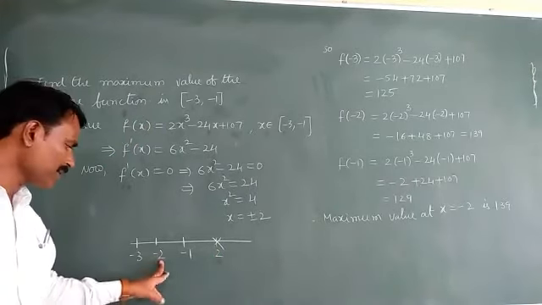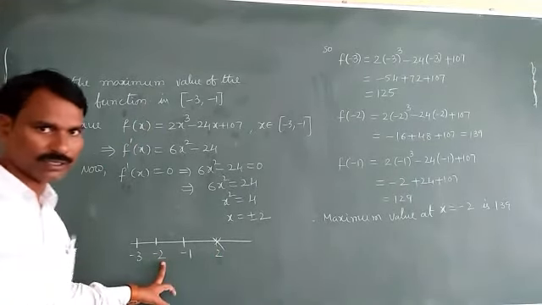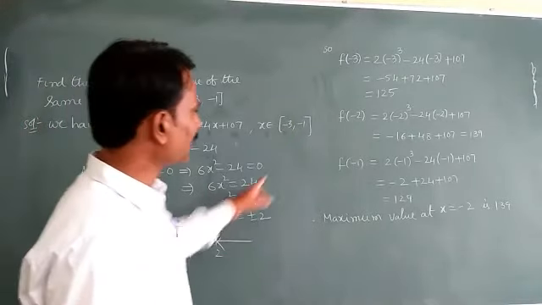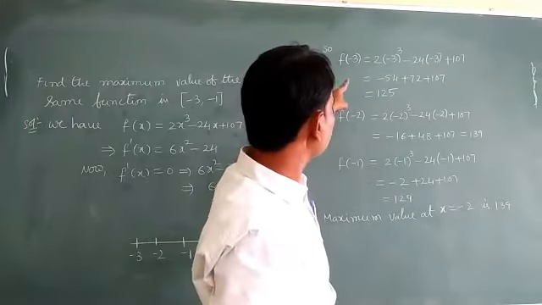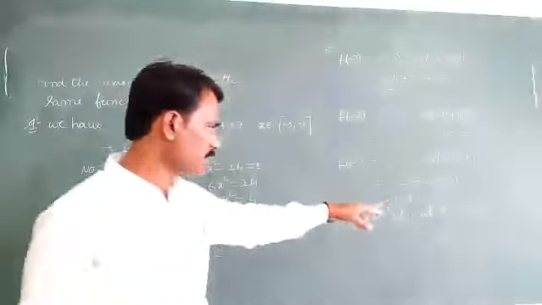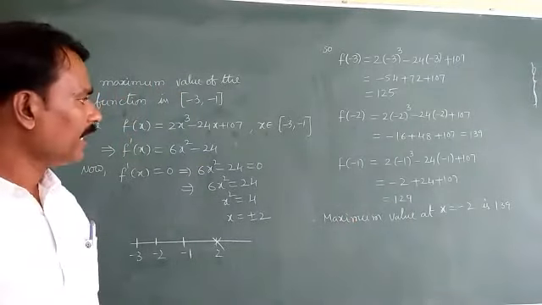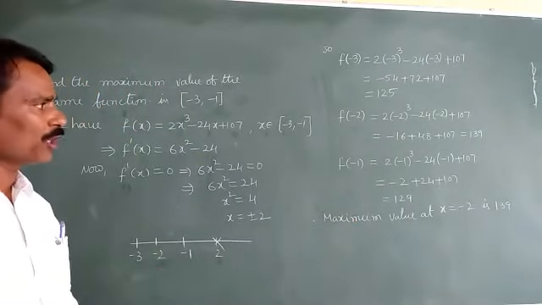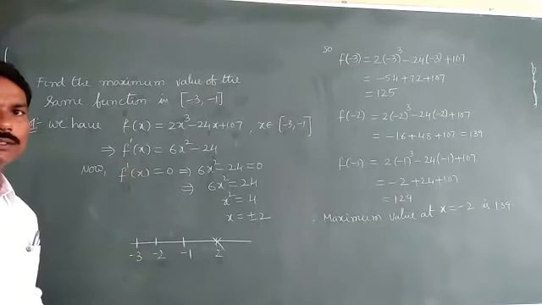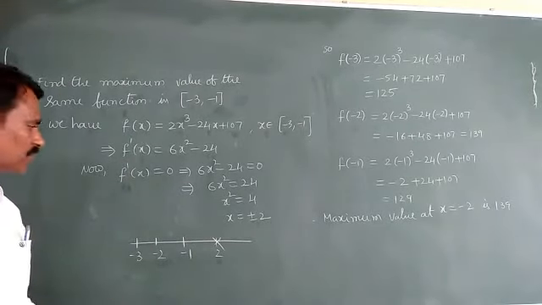In the first problem don't consider minus 2. Sorry for that. I made a mistake. So in these three, minus 2 is the maximum. f of minus 3, f of minus 2, f of minus 1 I calculated. Out of these I get 139. f of 3 is 125 or whatever the value is; just take the maximum value. Clear?